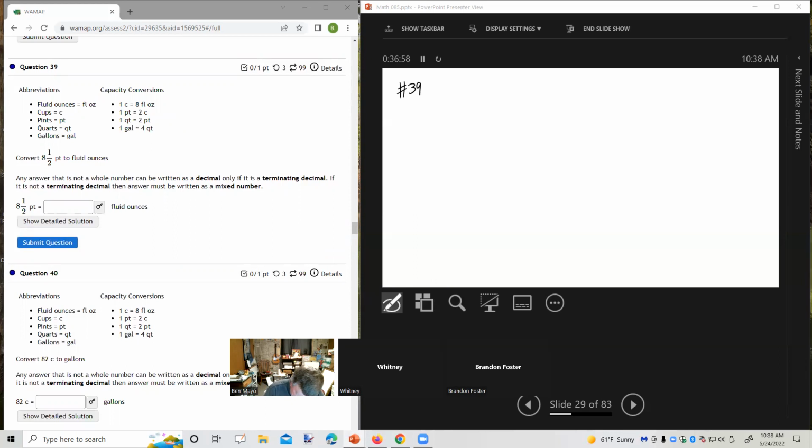8.5 pints to fluid ounces. All right, let's see. I can't go straight from pints to fluid ounces, but I can go from pints to cups, from cups to fluid ounces. And my 8.5 pints, I either need to write it as an improper fraction or a decimal. I'm going to go ahead and change it into a decimal. So 8.5 pints, pints to cups, cups to fluid ounces.